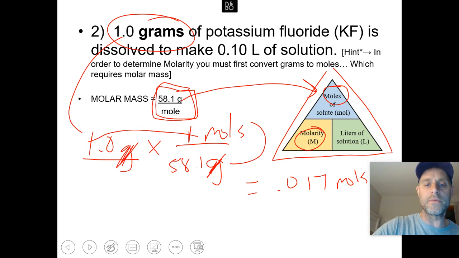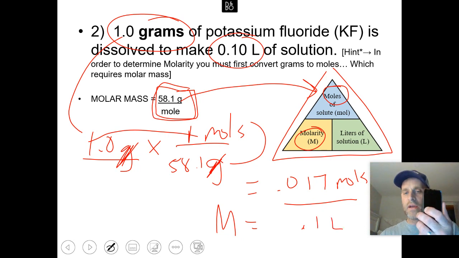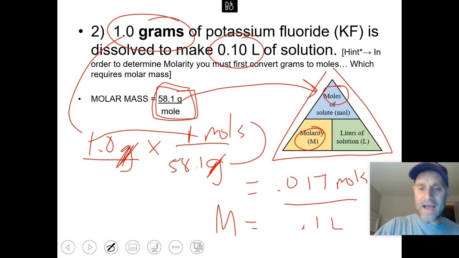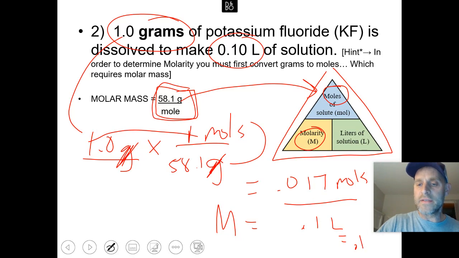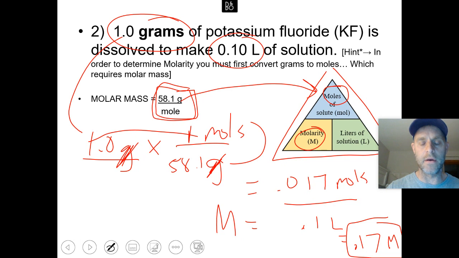So molarity equals moles, which I just found out, over liters. Liters is right here, 0.1 liters. Pull out my calculator, 0.017 divided by 0.1. I get 0.17 molar. That's my answer. Oh, that's a lot.